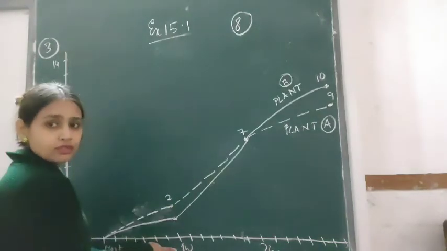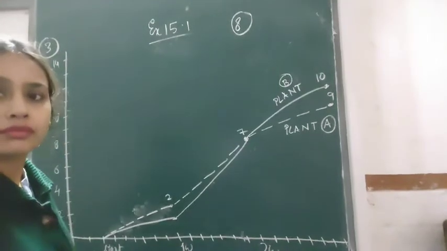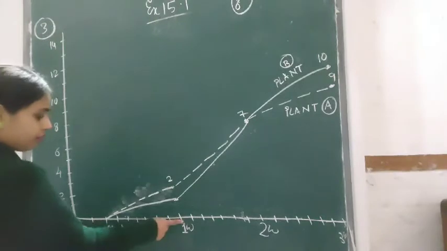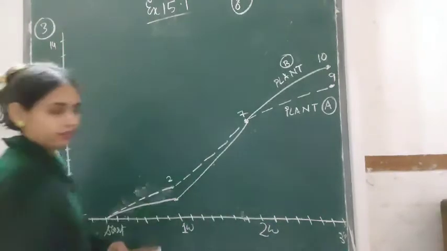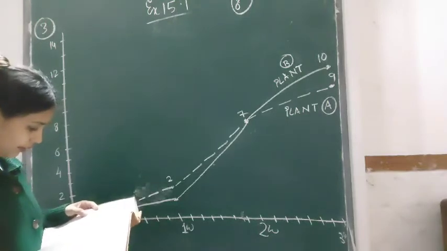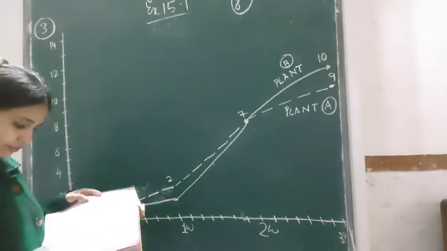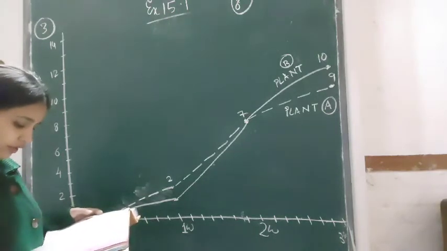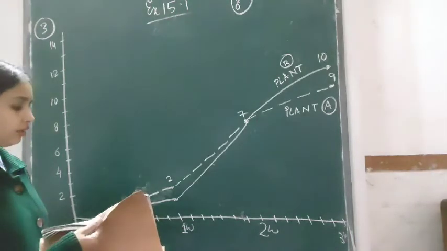This is the first week, second week, third week. The heights were measured at the end of each of the 3 weeks. The results are as shown in the graph.